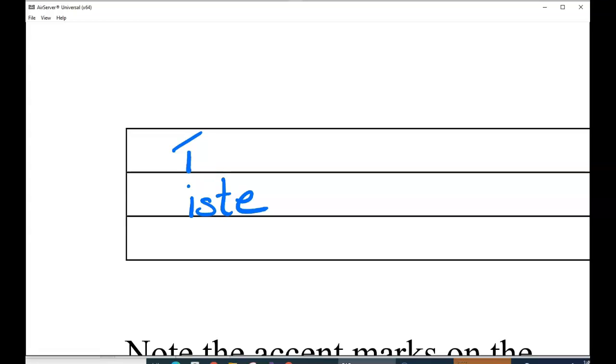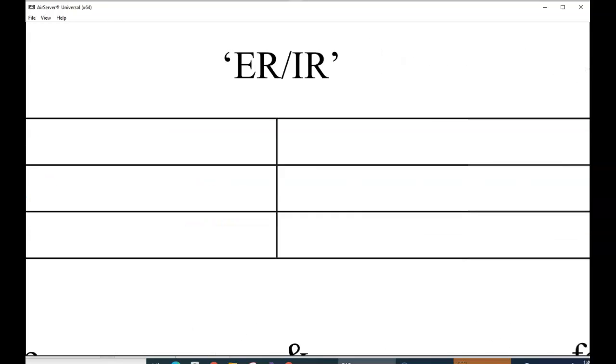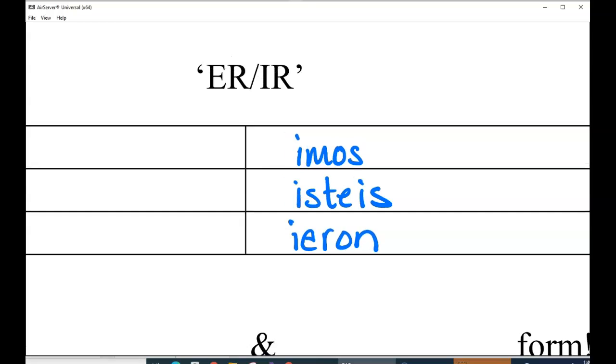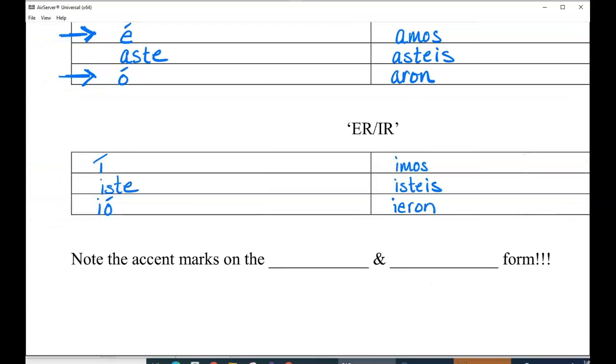Then we have ió, and there's an accent mark over the O. Then over on the plural side, we have imos, isteis, and once again, we have our iste plus our is. That's a really easy way to remember the spelling. And then the last box is our ieron. So we have í, iste, ió, imos, isteis, ieron.